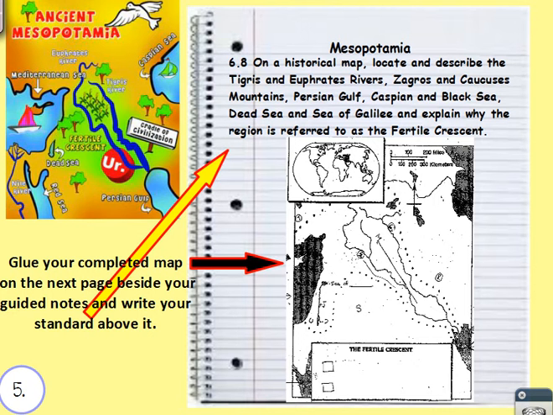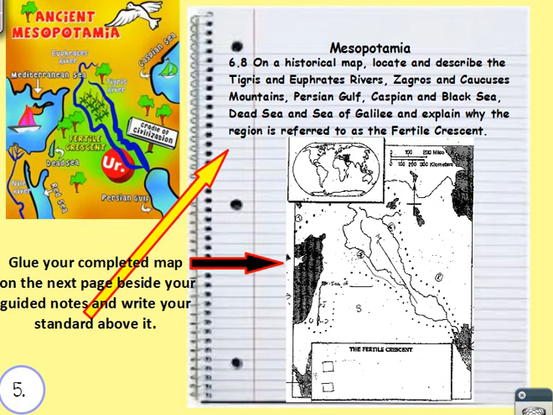Number 5, RJ, read that one for me. You're going to have several blanks you have to fill out on that one. Number 6, Sam, read 6 for me. How far do the Tigris and Euphrates Rivers run?